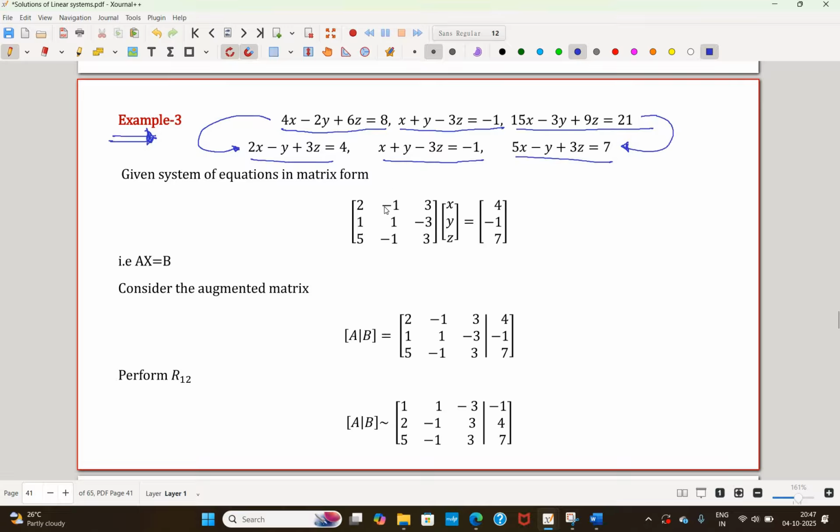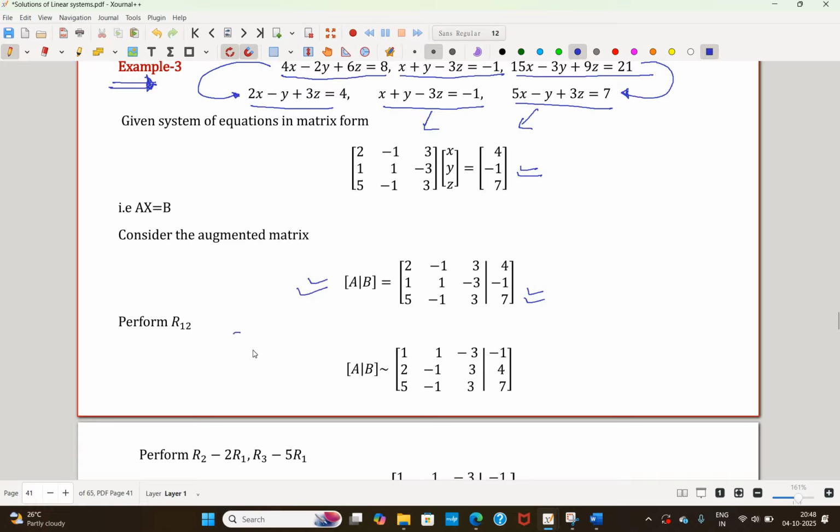So coefficients are 2, minus 1, 3; 1, 1, minus 3 from this equation; and from this equation 5, minus 1, 3. X, Y, Z, these are 3 variables, and the right hand side elements are 4, minus 1 and 7. So noted correctly. Now augmented matrix out of these equations can be noted here, and now what you have to focus on is the position A11.